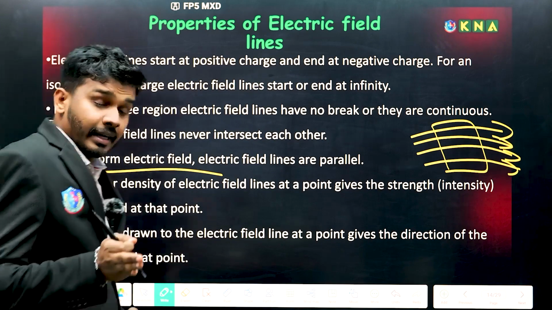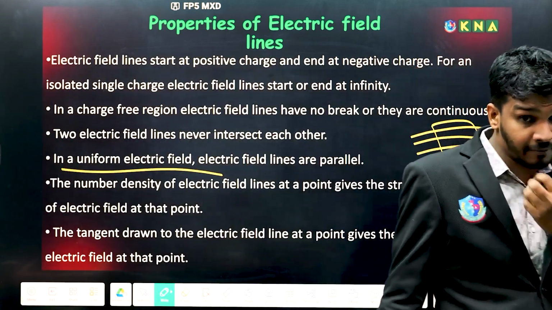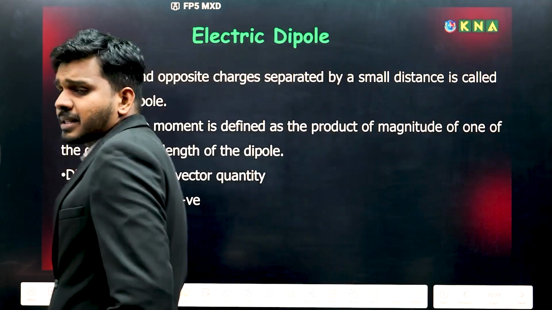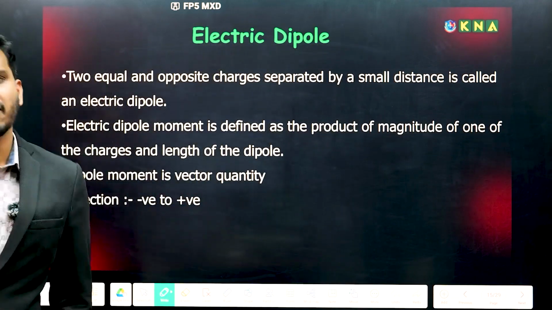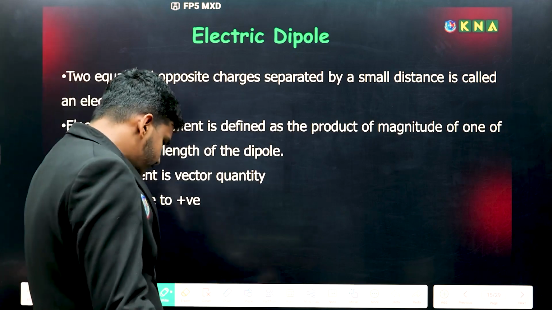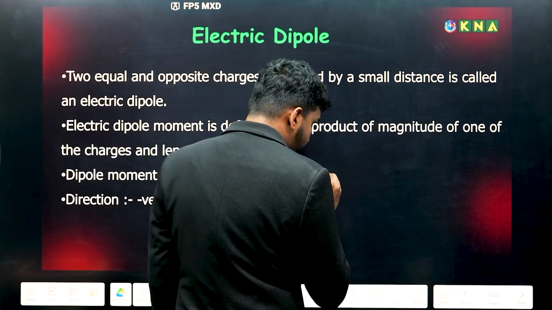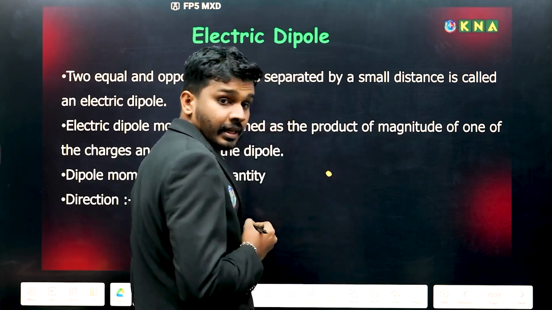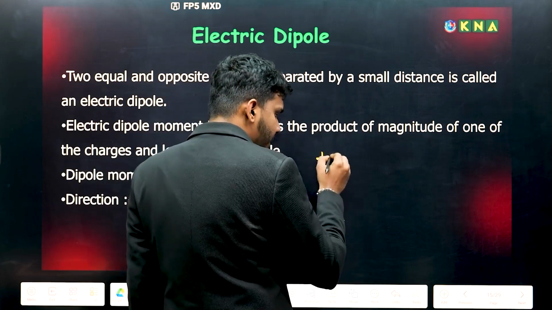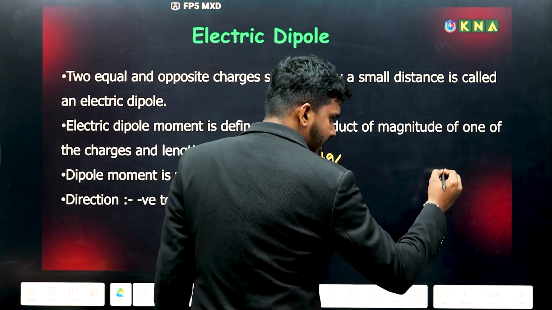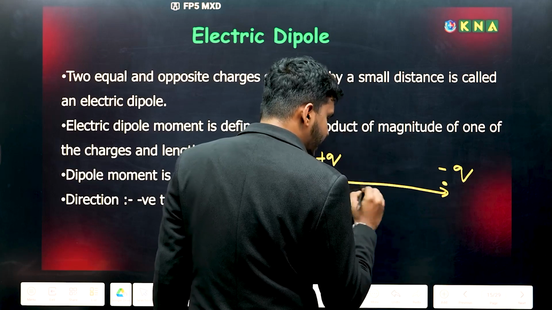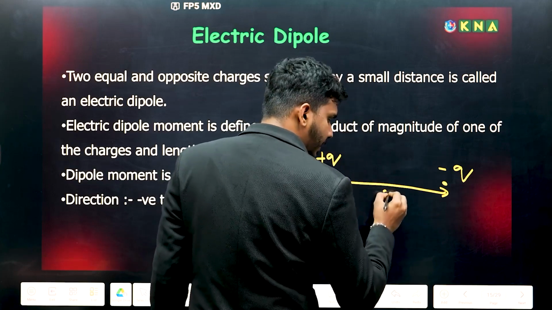Okay, these are the important points of electric field lines. Next, what is an electric dipole? An electric dipole is two equal and opposite charges, plus q and minus q, separated by a distance.